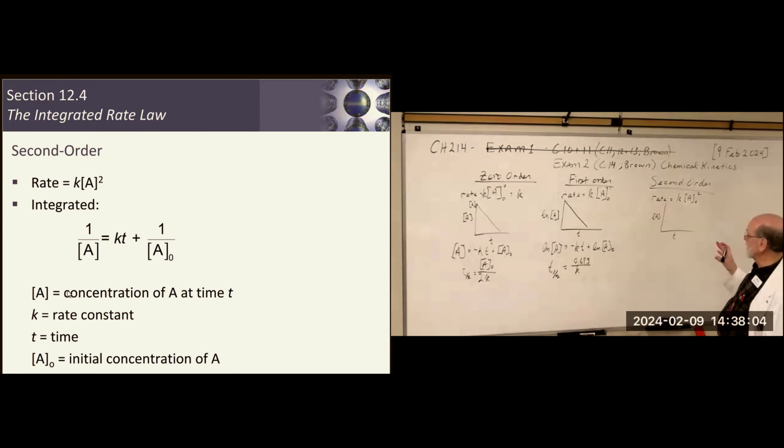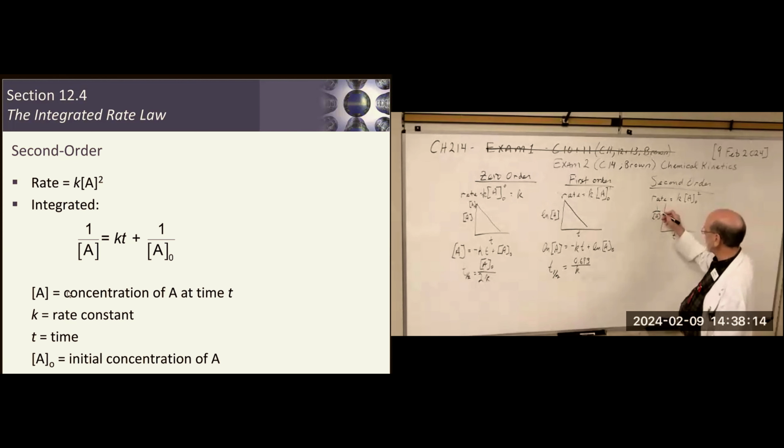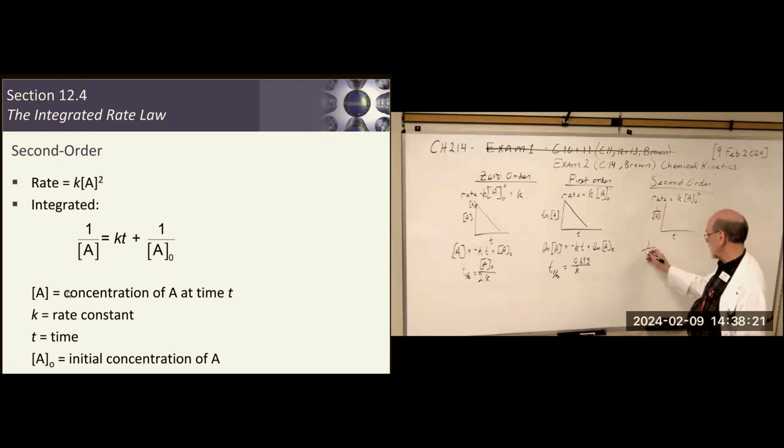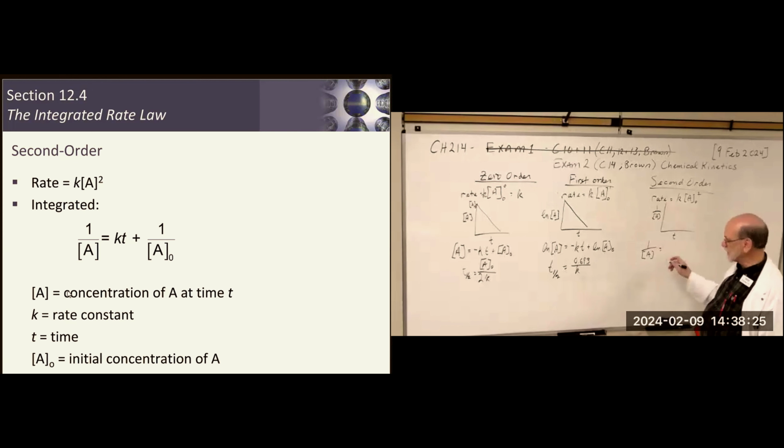So what we've discovered is for second order equations, the integrated rate law tells us when we plot time against the reciprocal of A, that will give us a straight line. So the integrated rate law here equals positive KT plus 1 over A0.